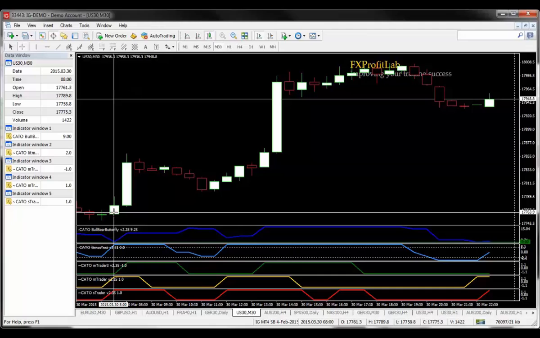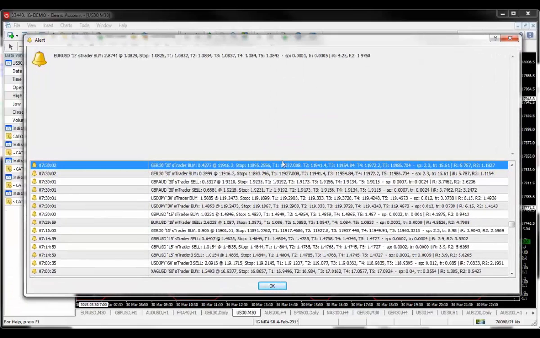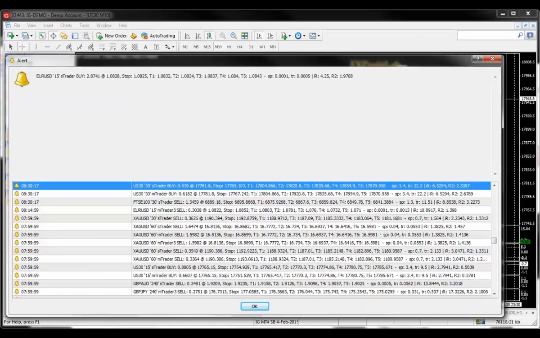Let's see what the trade alert said at that particular time. Let's just move down to the figure that we're looking for. So here we have it. We got the Dow, the US 30-minute candle, S trader buy, 5.3 mini lots, that's 0.53 lots.